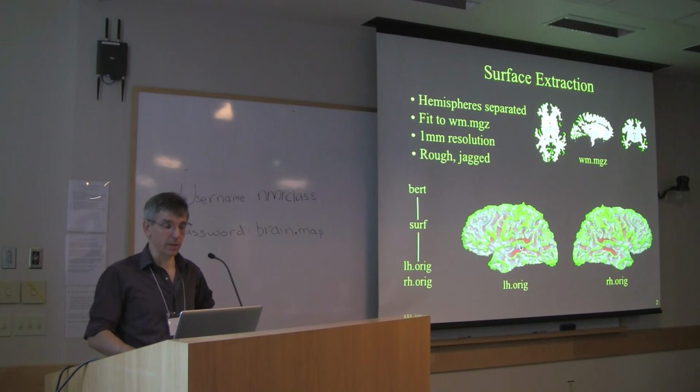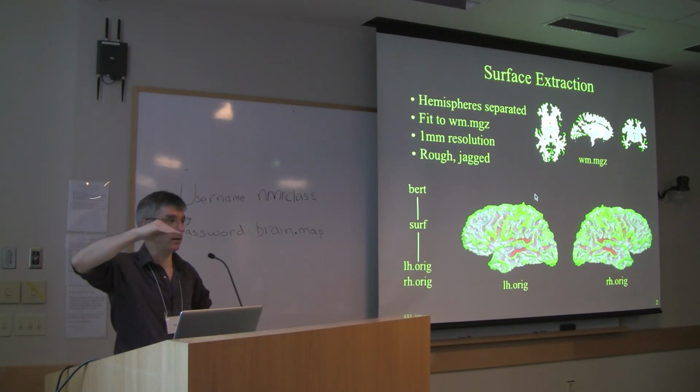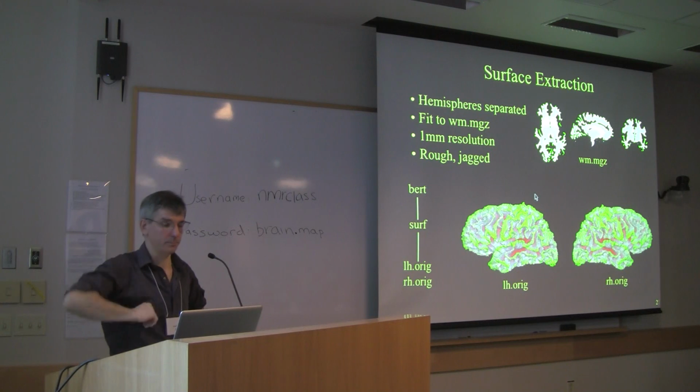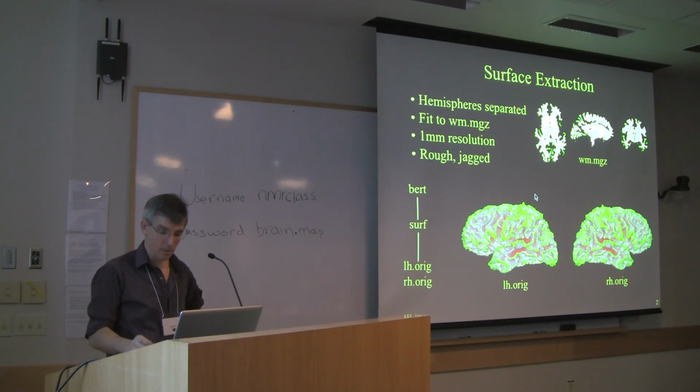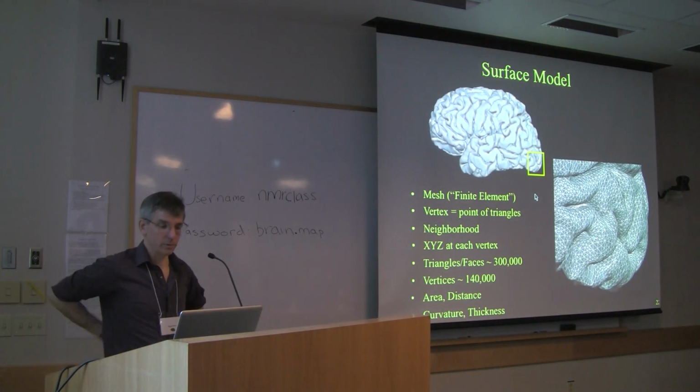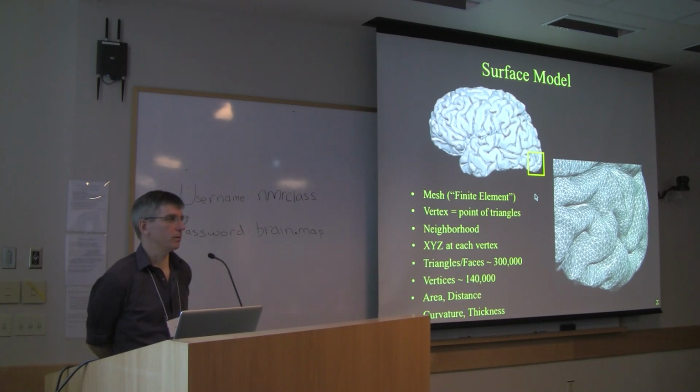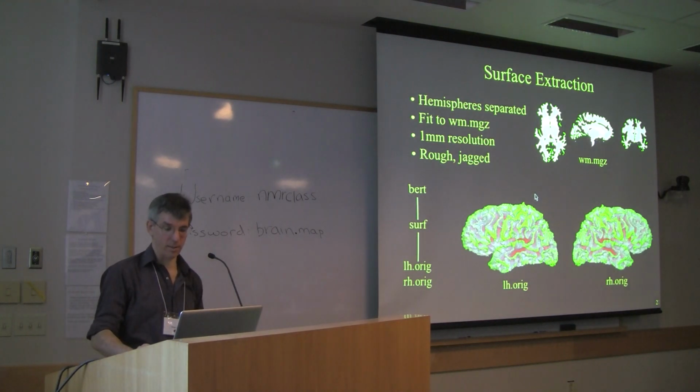And you can see that the ridge is actually very jagged because that surface is following these 1 millimeter boundaries. So it has this 1 millimeter jaggedness to it. This is a slide that Bruce already showed, but it's worth going over again in a little bit more detail. This jagged surface that we have here is called a surface model.